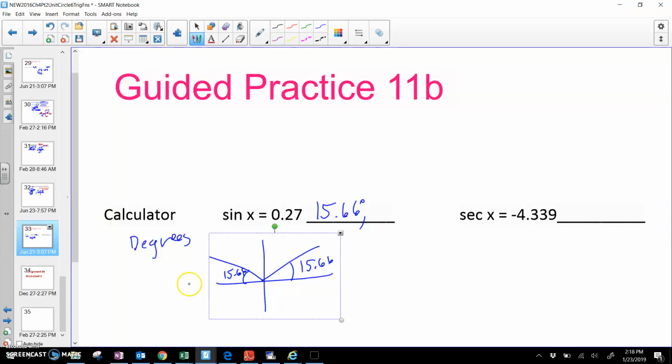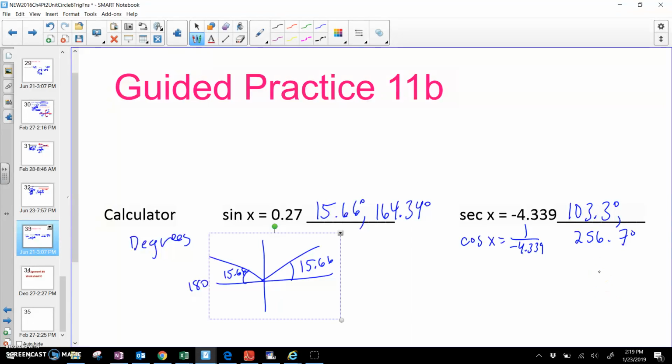With degrees, you would just do 180 minus that. I got 164 degrees. And then finally, when I did secant, I did cosine of x equals 1 over negative 4.339, and so I got 103.3 degrees and 256.7.